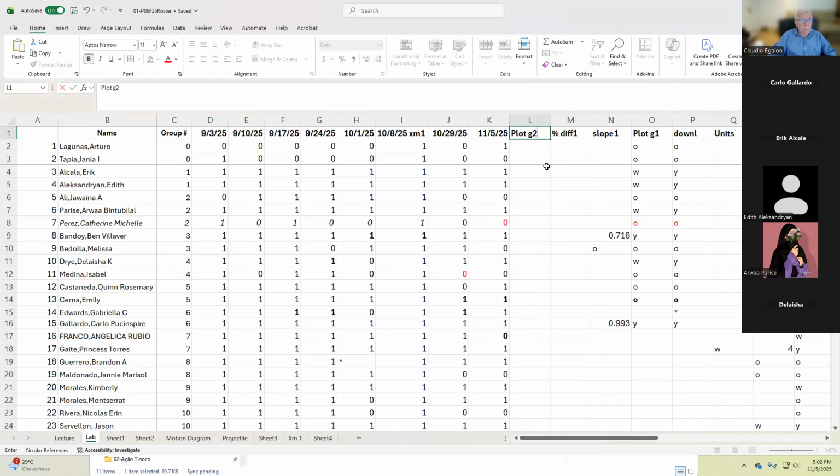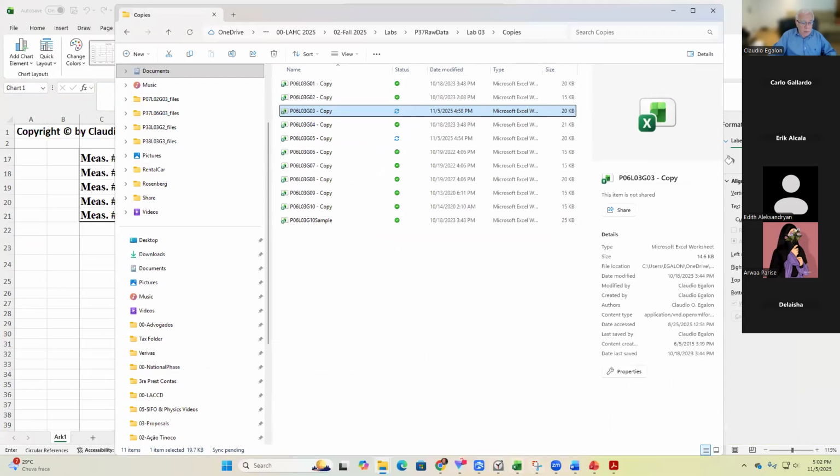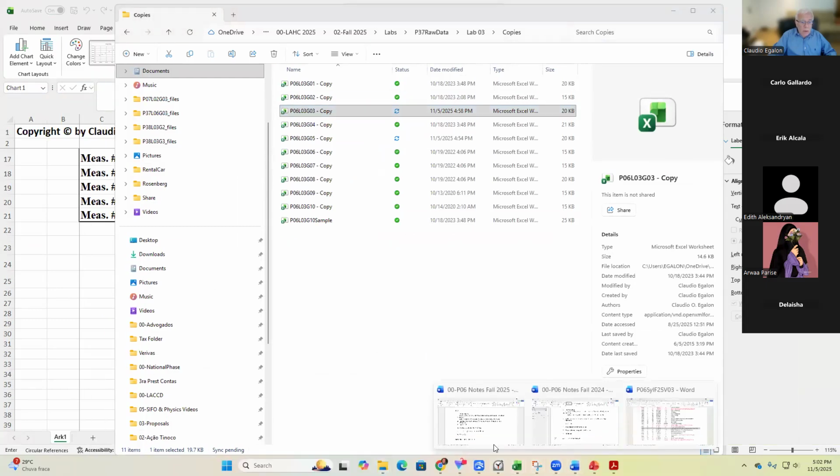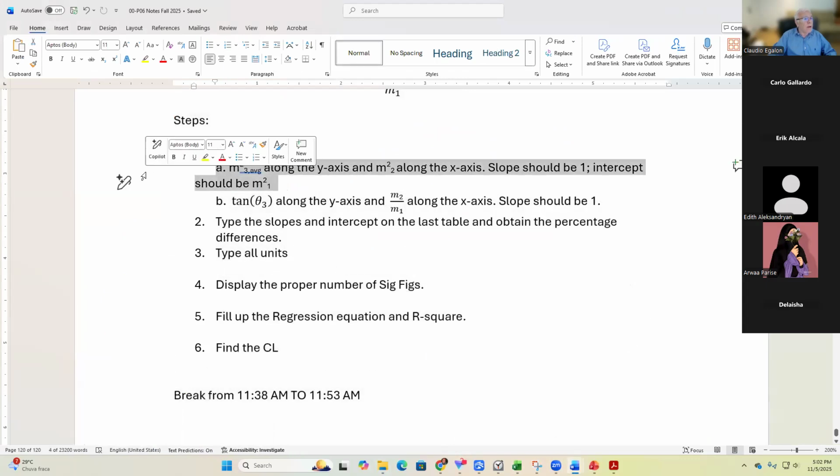No, what table do we use again to plot the second one? Okay, let's take a look at the graph notes. Here you go. Plot 2 graphs. This one you already plotted.